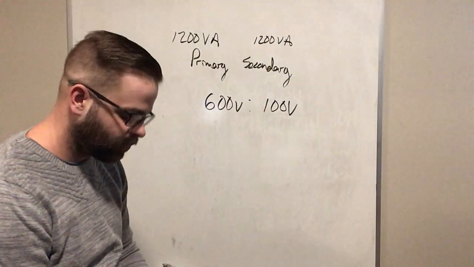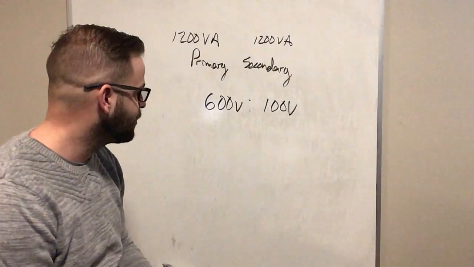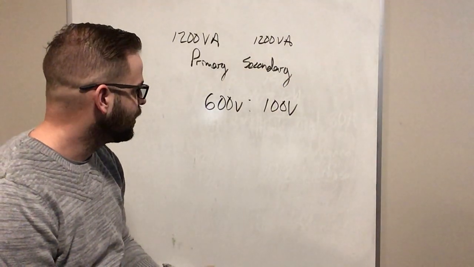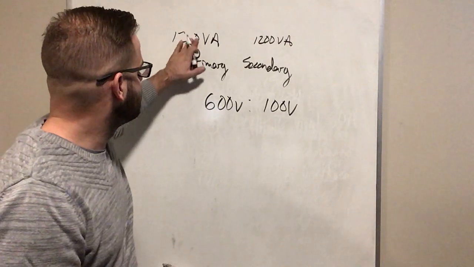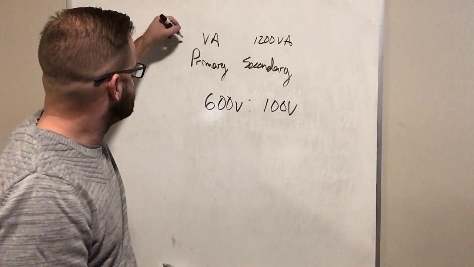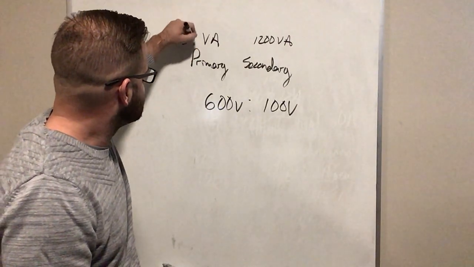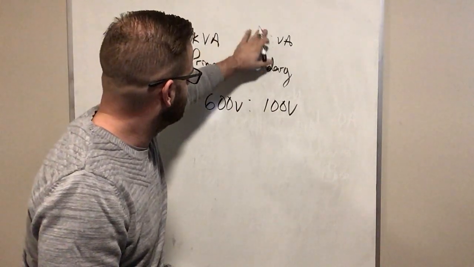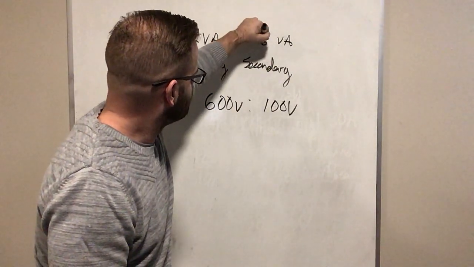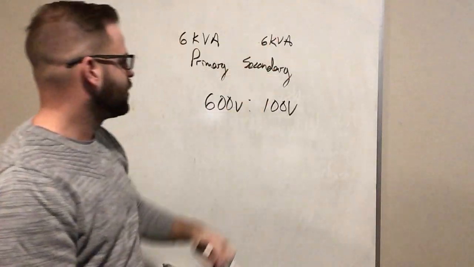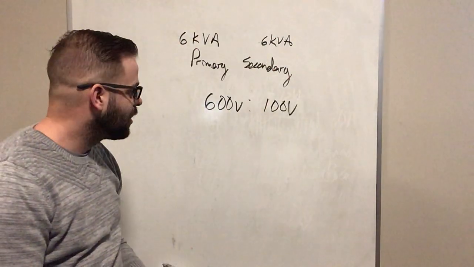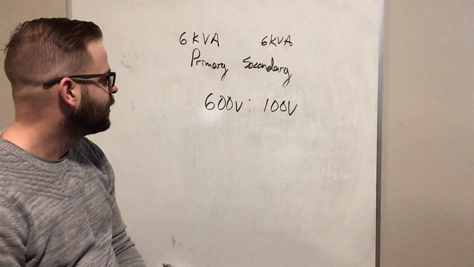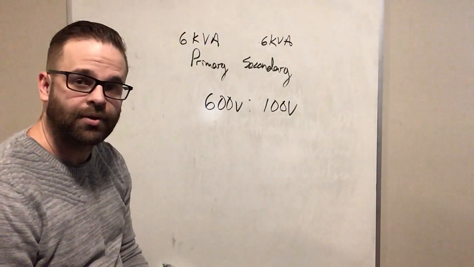And I want to figure out what my turns ratio is. And let's do 6 kVA. So I want to know what my turns ratio is, and then also what my current is.